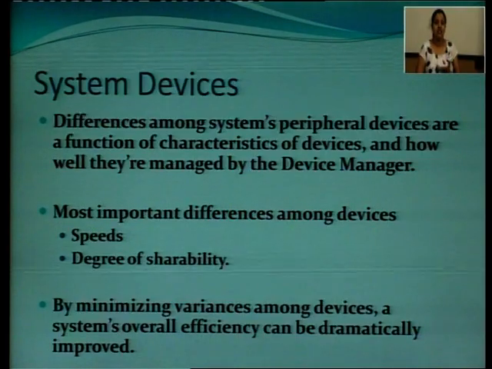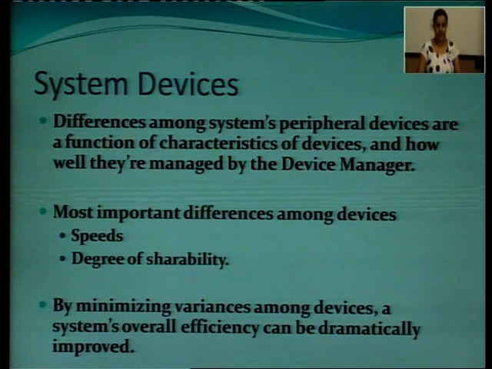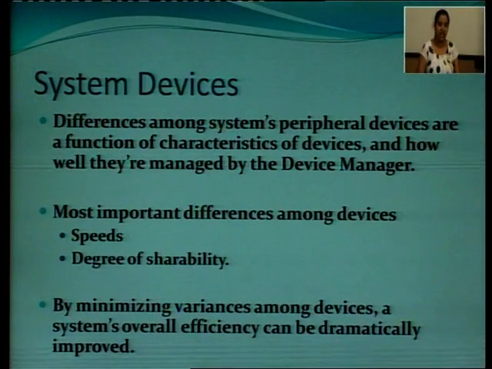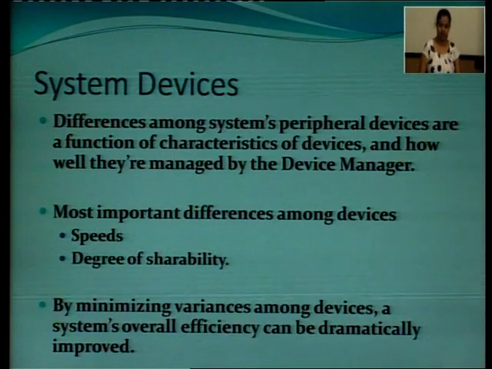So the degree of shareability is whether a device can be shared or not. By minimizing the variance among devices, a system's overall efficiency can be dramatically improved. So whether the devices have the capability to be shared or not will depend upon that.